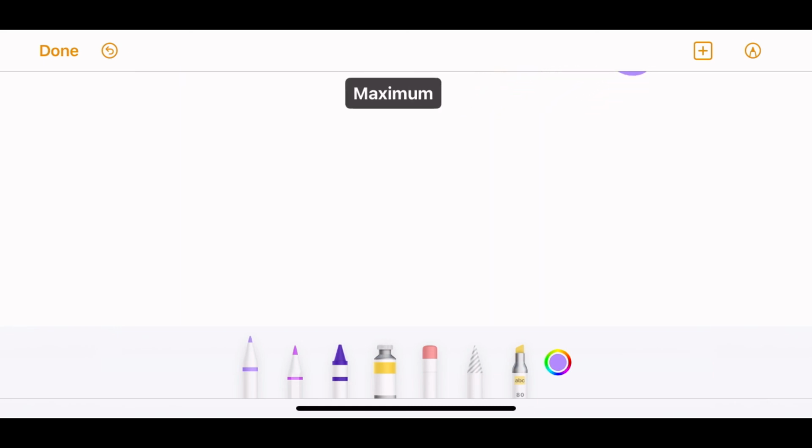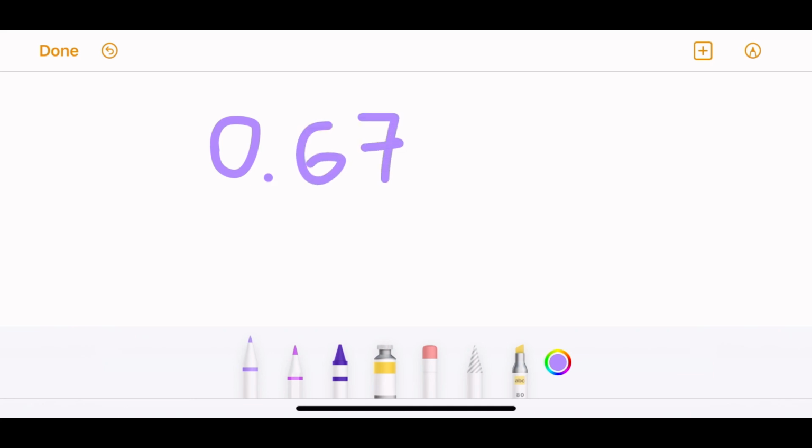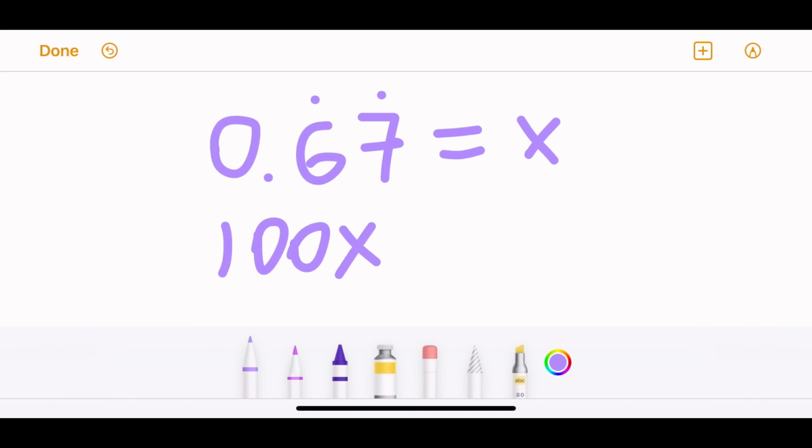Now, the next one. Let's say we have the number 0.67 repeating, so that means 0.676767 and so on. We learned how to convert a recurring decimal into a fraction, right? We let this be x. Then we find 100x, which is that multiplied by 100, so we get 67.67 repeating.